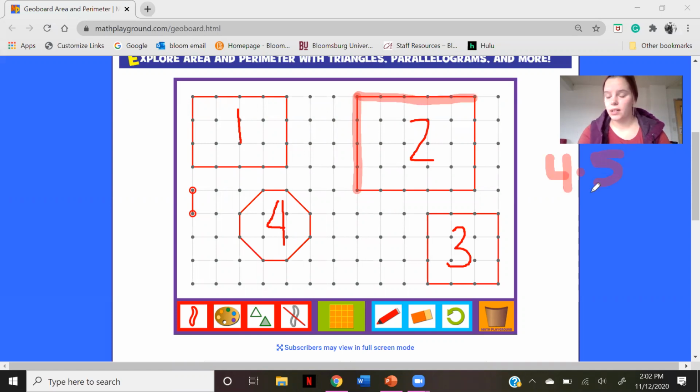So 4 times 5 will give us the area, and we know that this will equal 20. Is it just 20? Do we need something at the end? We need 20 units. And what's the last thing we need? Squared, because you're multiplying.